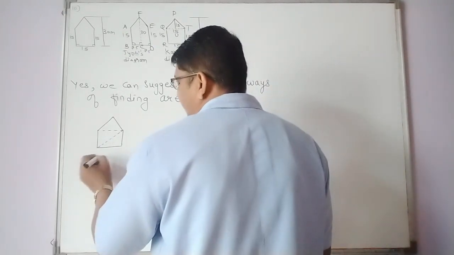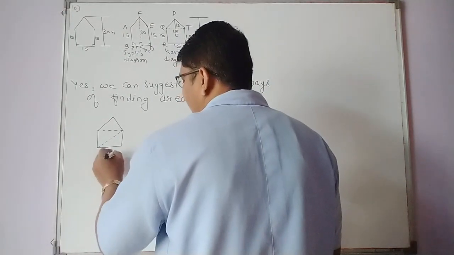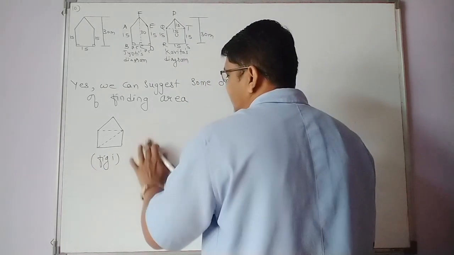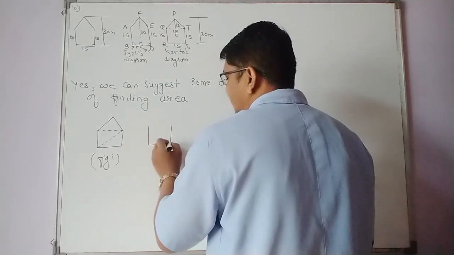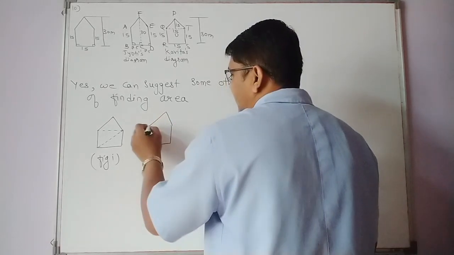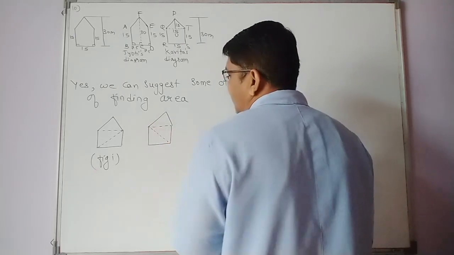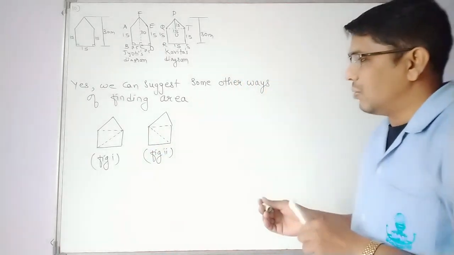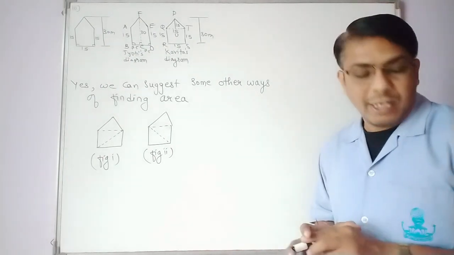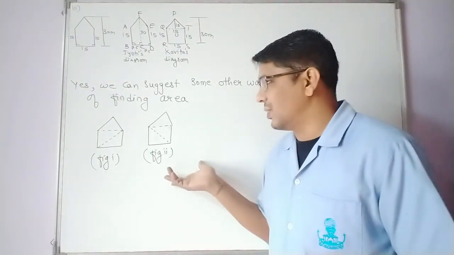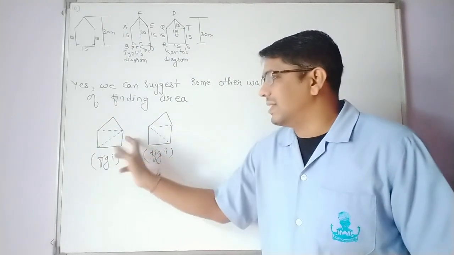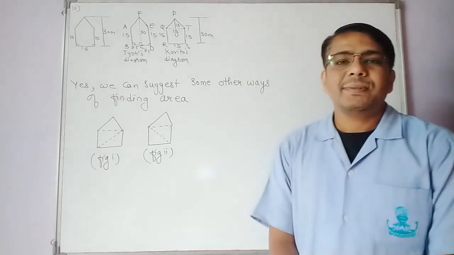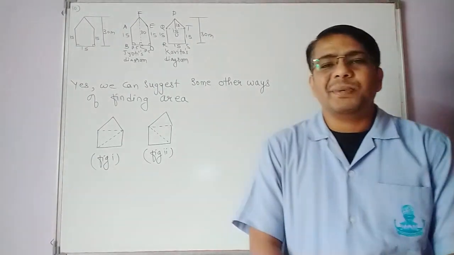Join this, so you get all triangles. So this is one way, figure 1. And next is in this way, so this is figure 2. These are two ways that you can find the area of the figure. All are triangles and you know all these sides, so definitely you can find it out.